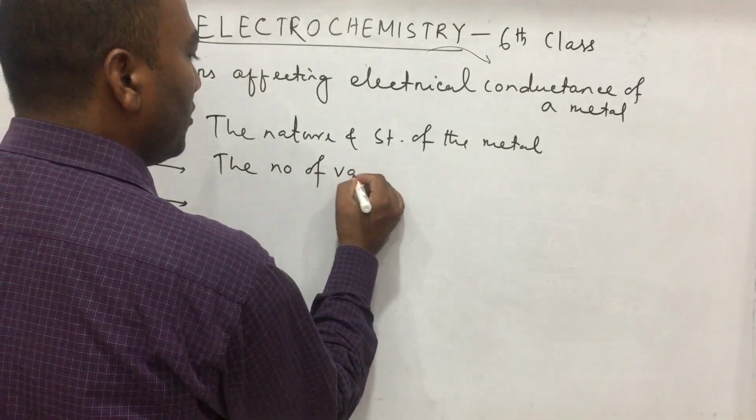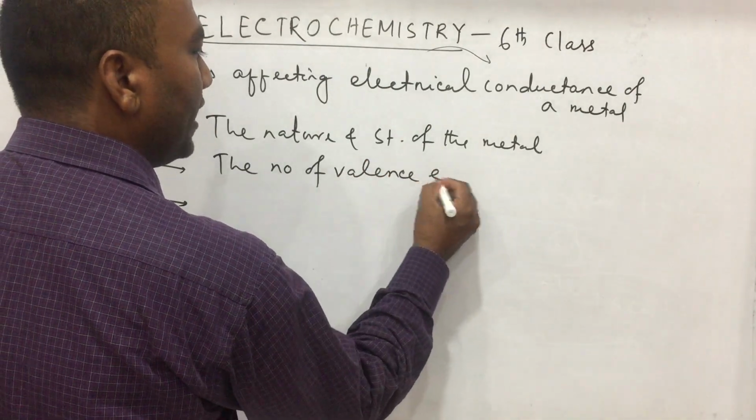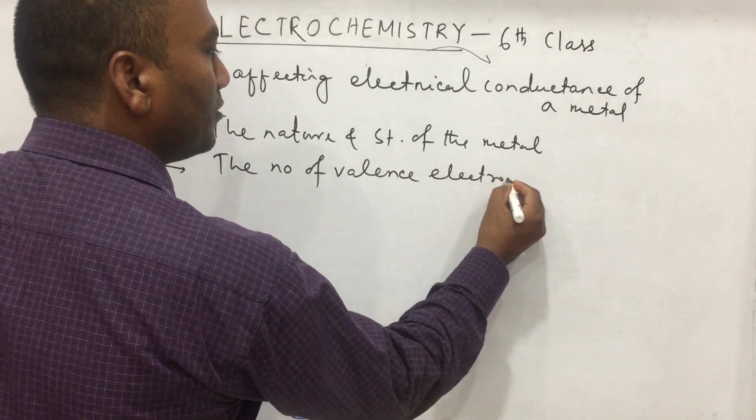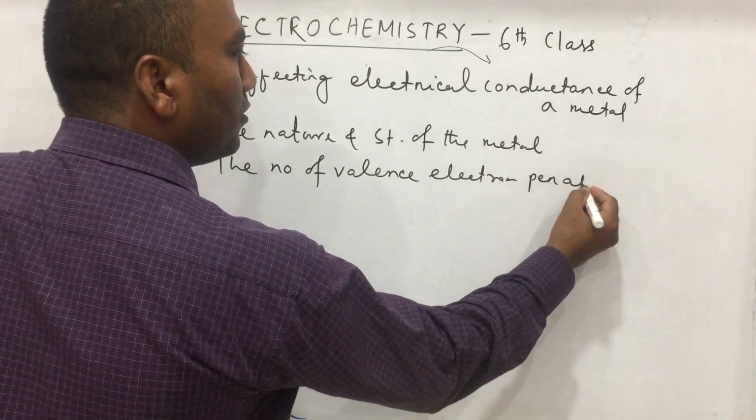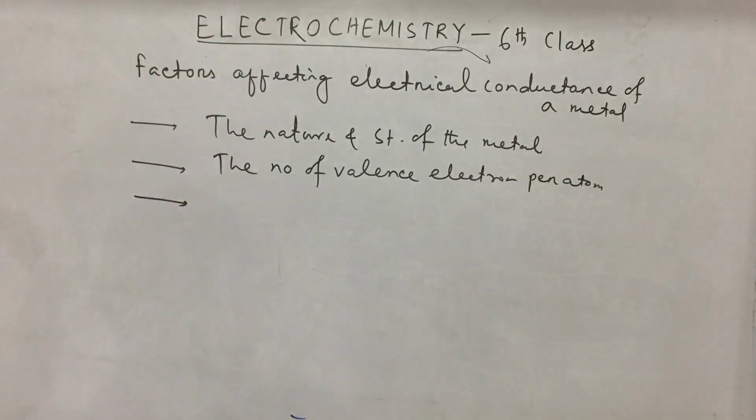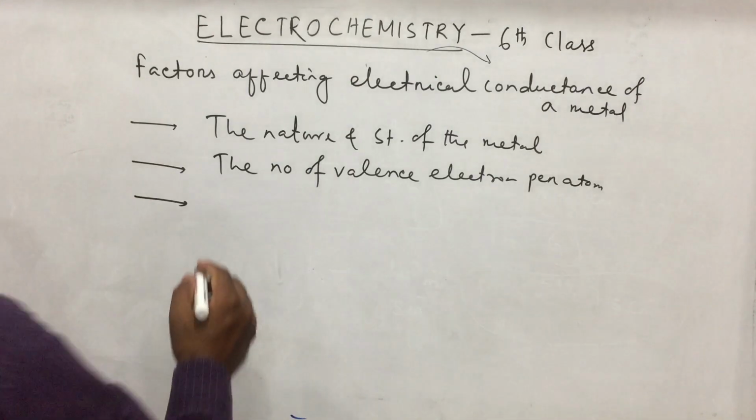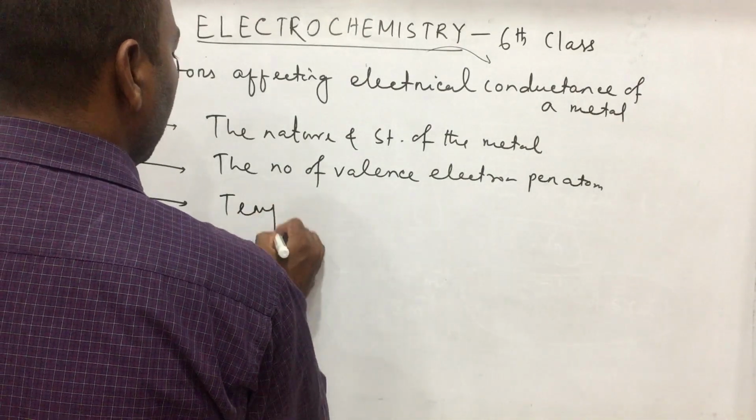Second one is the number of valence electrons per atom. Clear? So first is the nature and structure of the metal, second is the number of valence electrons per atom, and third is temperature.